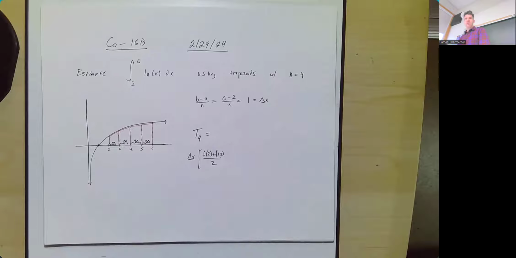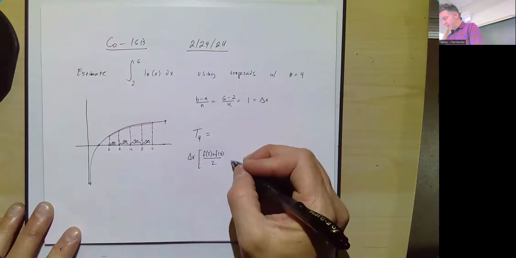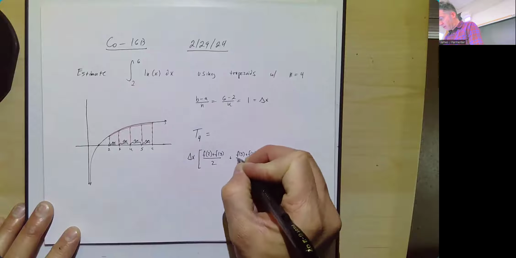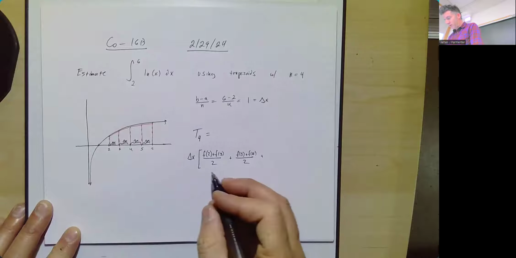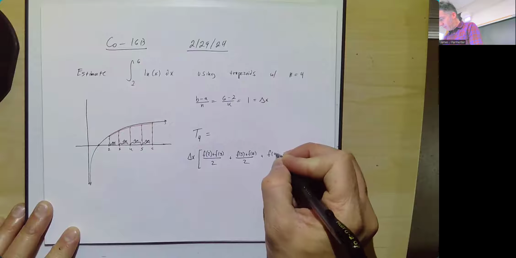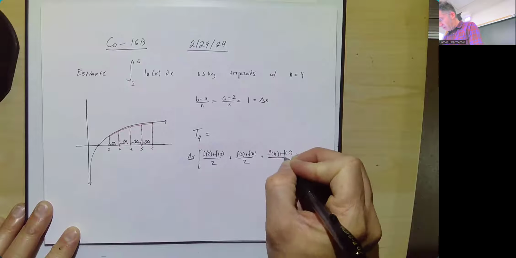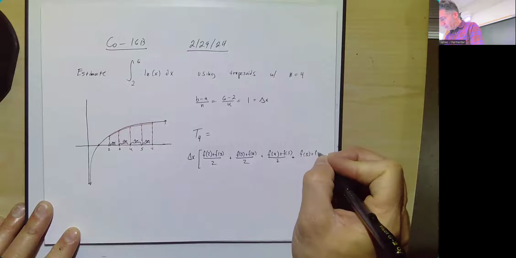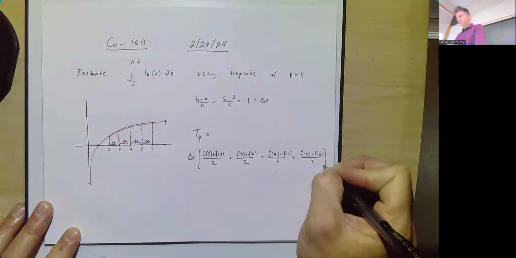My second average of heights is going to be f of 3 plus f of 4 divided by 2. My third is f of 4 plus f of 5 divided by 2. And my last one is going to be f of 5 plus f of 6 divided by 2.